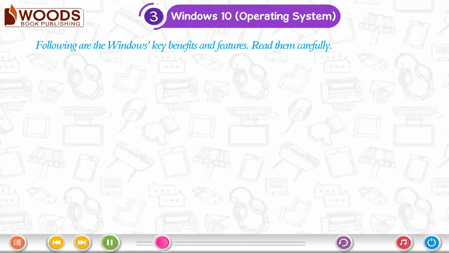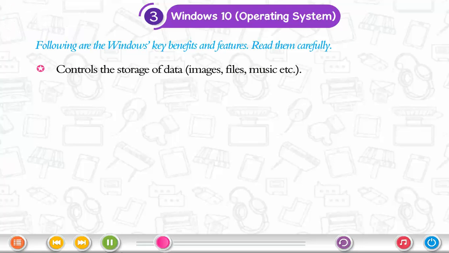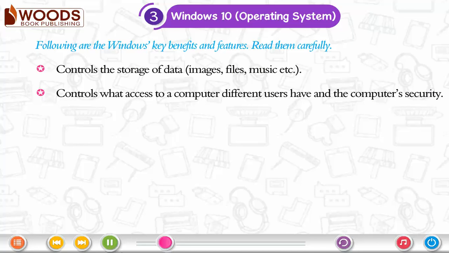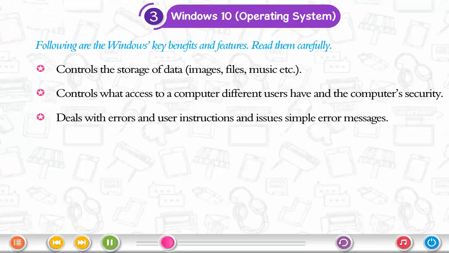Read them carefully. Controls the storage of data, images, files, music, etc. Controls what access to a computer different users have and the computer's security. Deals with errors and user instructions and issues simple error messages.